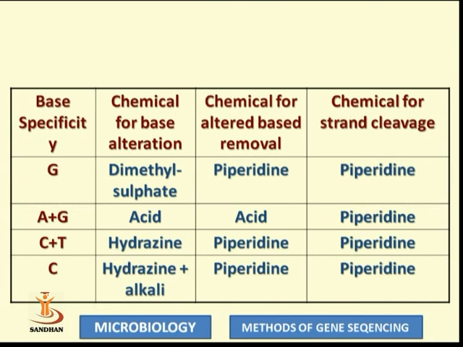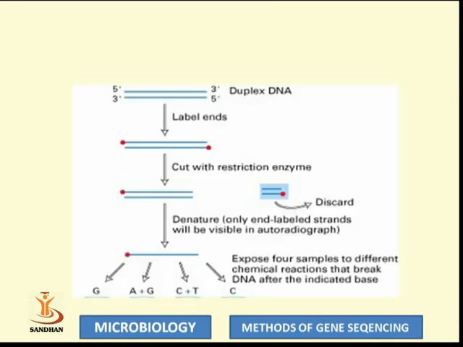Similarly, suppose I want to cleave specifically at the C, then for that hydrazine and alkali are utilized, and following that base alteration, the altered base is removed with the help of piperidine, which is similarly used for the strand cleavage.